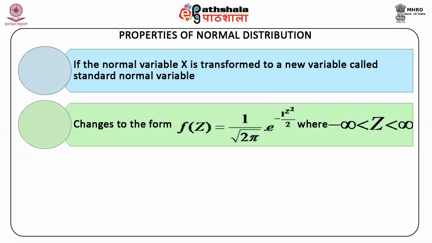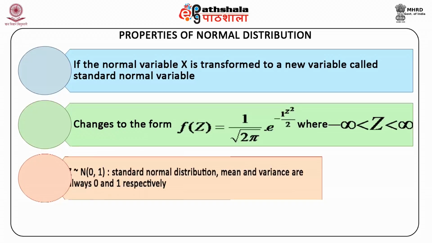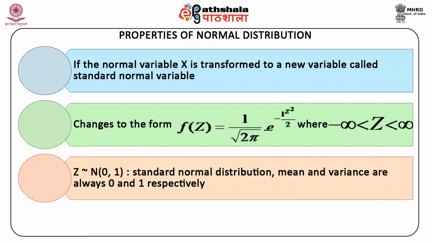This is called standard normal distribution whose mean and variance are always 0 and 1 respectively. That is, z is equivalent to N of 0, 1. This distribution is unique since it does not depend on the values of the parameters mu and sigma.